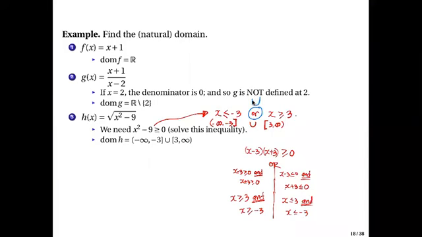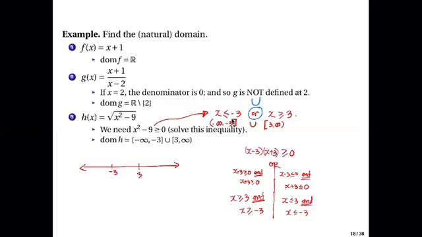When we say union, we mean we combine the solution set on this side with the solution set on this side. Graphically, let's look at that. If this is your real line, this is your negative 3 and this is your positive 3.